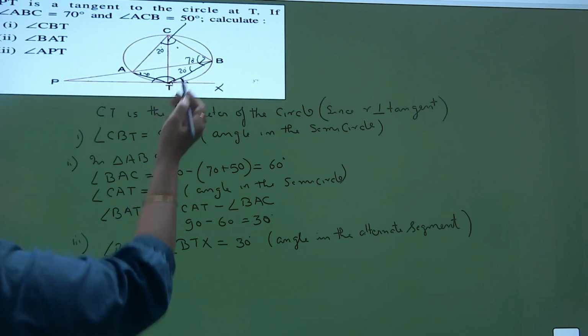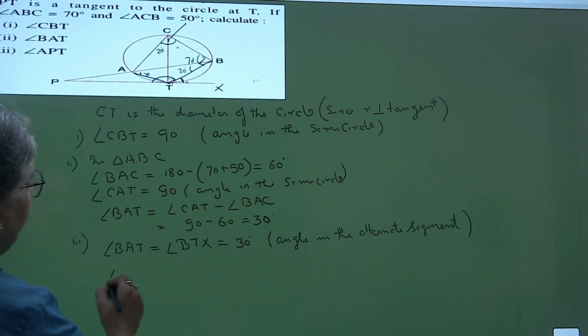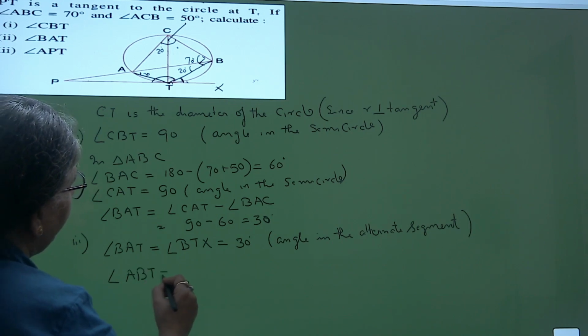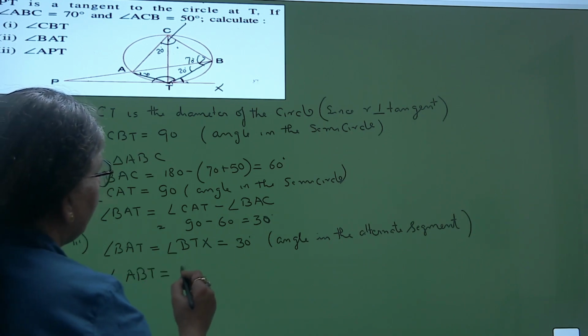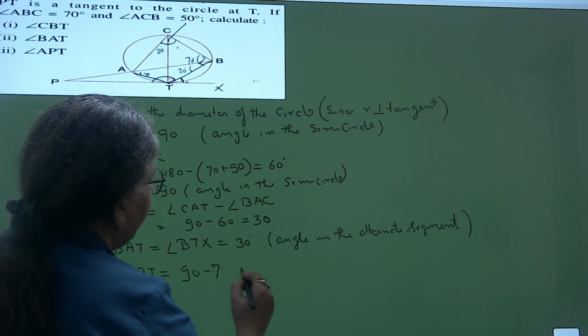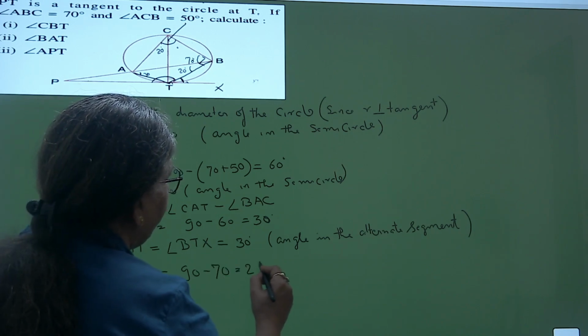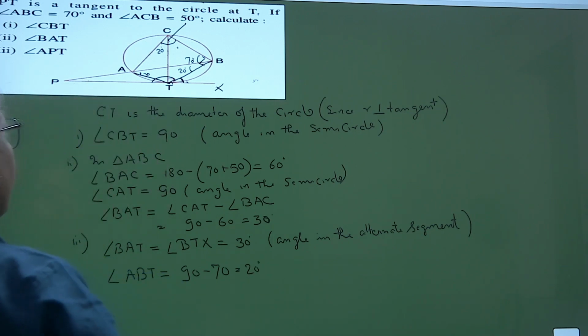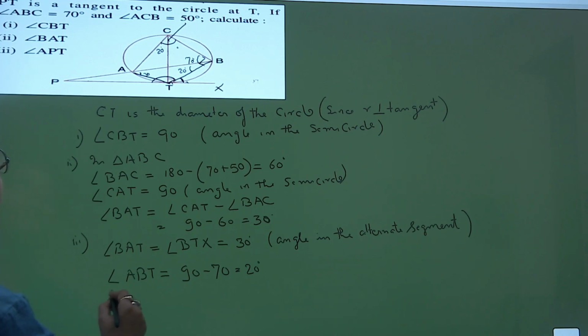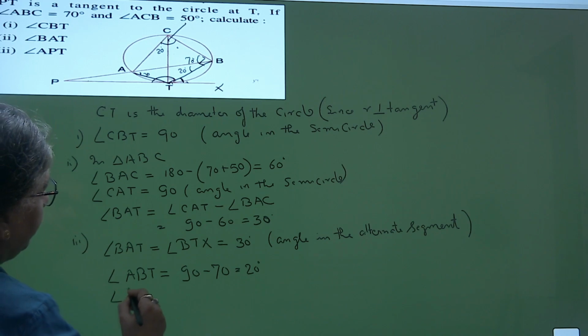And again you can write angle ABT is equal to 90 minus 70, that is 20 degrees. With this information, we will find angle BTP.